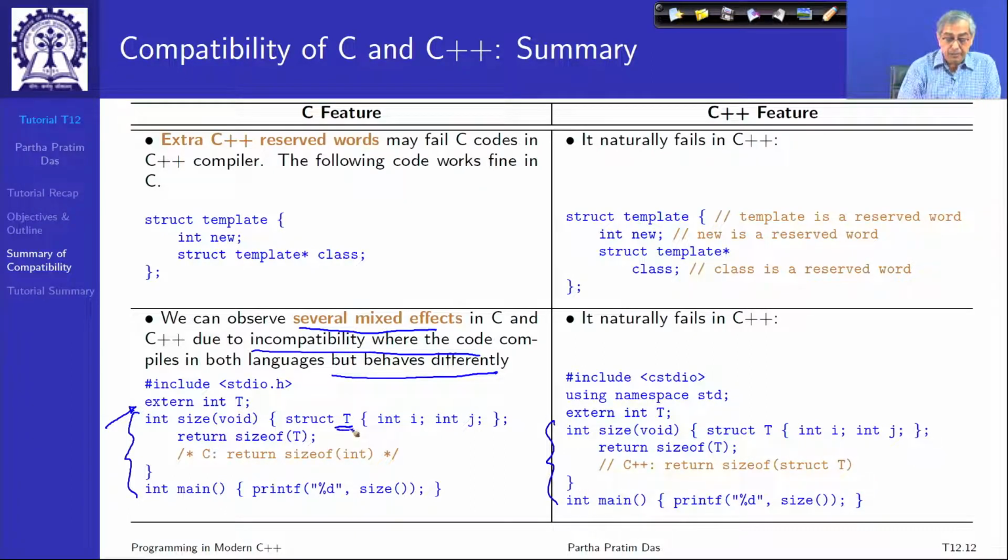C allows you to write this t, and when you take the sizeof, it returns the size of the integer. You write the same thing here, write sizeof t, and it returns the size of struct t. Right. So, the languages interpret them differently. That is a big problem. So, always try to avoid these kinds of situations in your code.